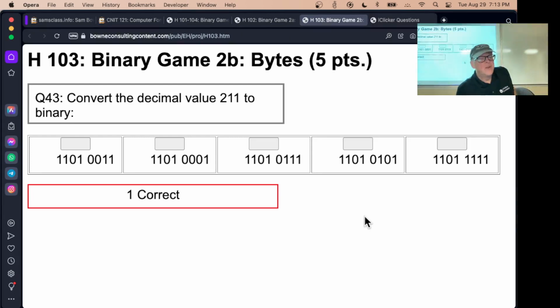Same kind of logic works. Yep, it's the first one, because it's 192, and then you need 8 and 11, that's 19 more, so that's 16 plus 3. So this is 192, that's 16, and that's 3. That's how I did it, so it is this one.